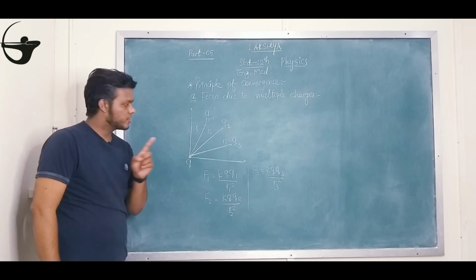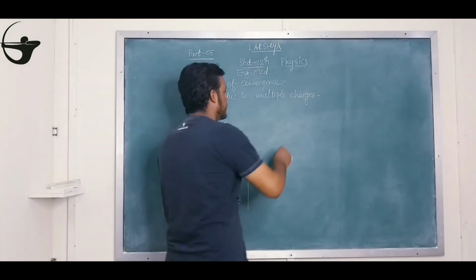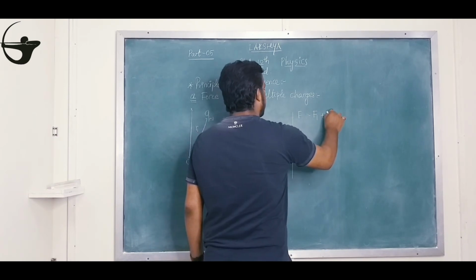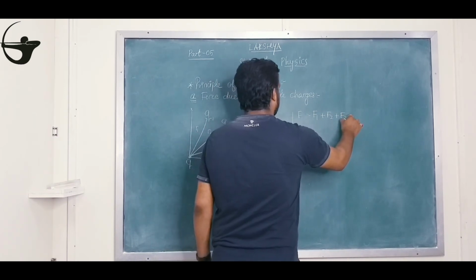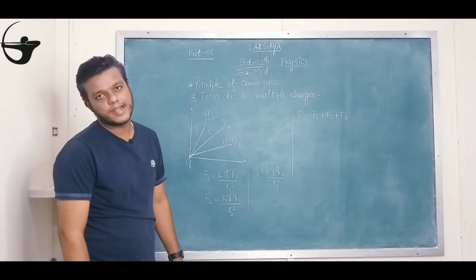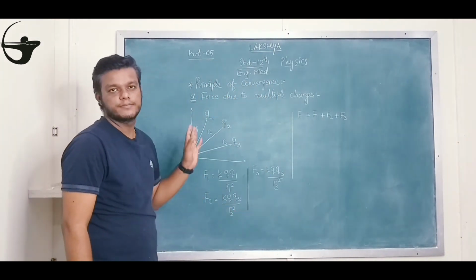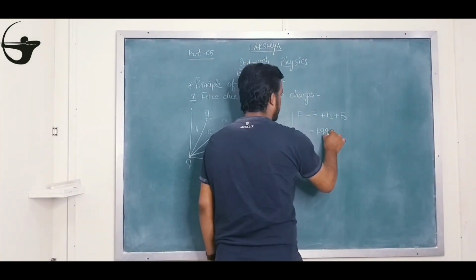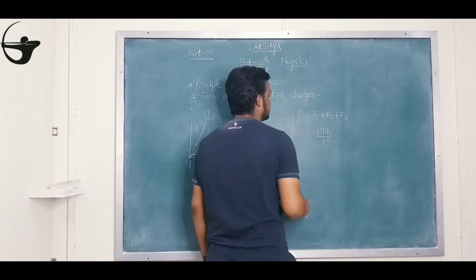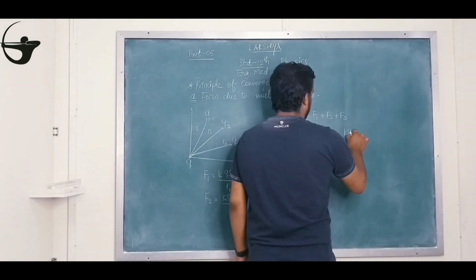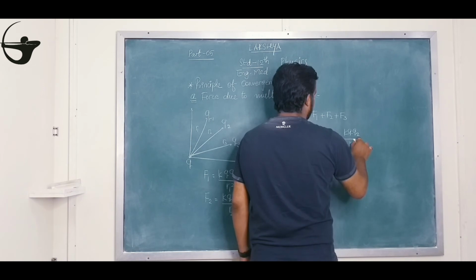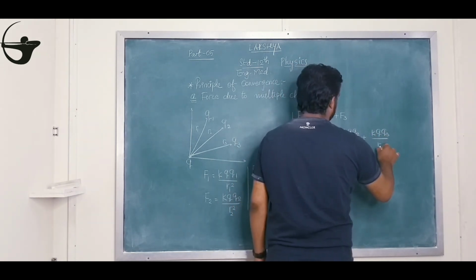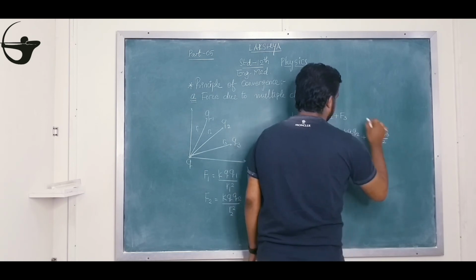Now to find the total force on Q, we will have to consider F1 plus F2 plus F3, which is the algebraic addition of all the forces. So F1 will be K Q Q1 upon R1 square, F2 will be K Q Q2 upon R2 square, and F3 will be K Q Q3 upon R3 square.